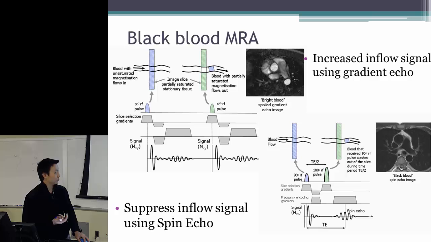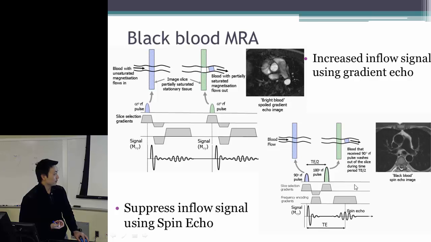So it would look like an inversion RF pulse to this new blood. So that means there will not be any transverse signal or excited signal for this part. So that means the blood signal is excited but not inverted.